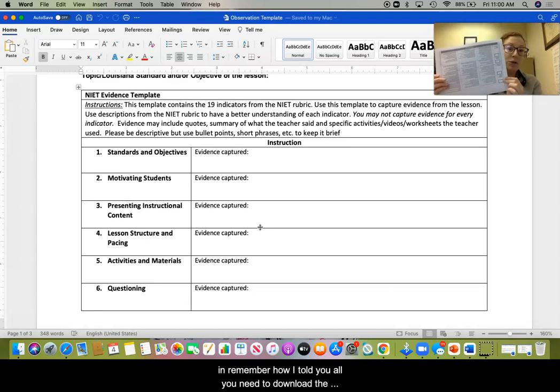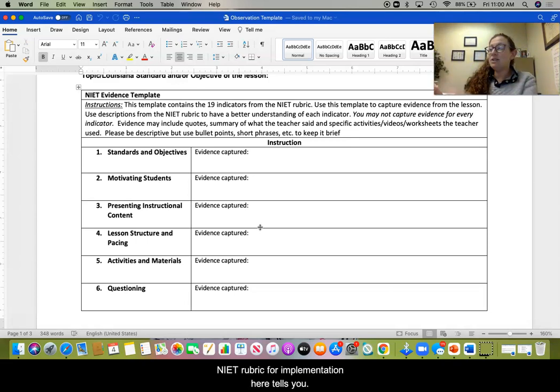Remember how I told you all you need to download the NIET rubric for implementation? Here it tells you what a teacher needs to do to make a 3 or be at expectation. So what I do when I observe you all or another teacher is I'm watching this teacher. For example, for standards and objectives, for a teacher to earn a 3, the teacher must have most learning objectives and state content standards communicated.